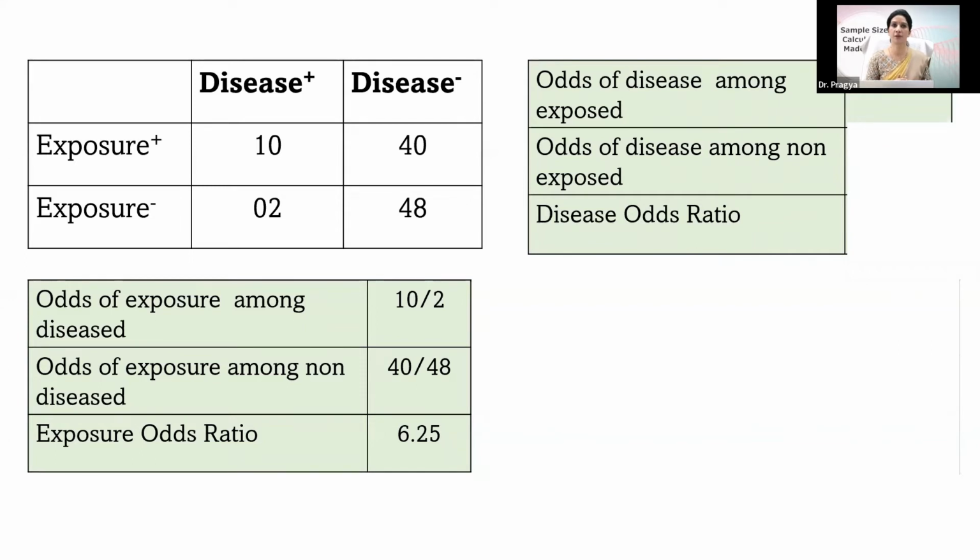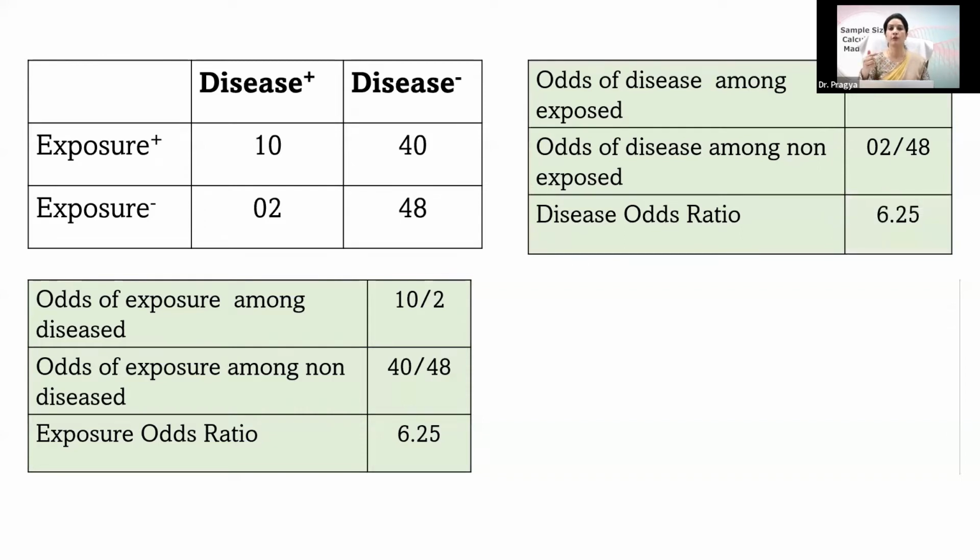So it is 2 by 48. Yes. Now you calculate the odds ratio. What will be the disease odds ratio?